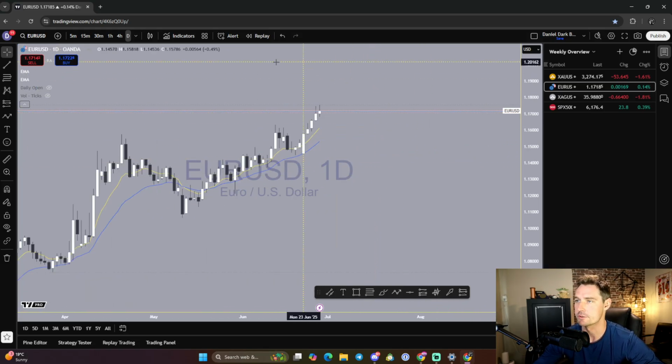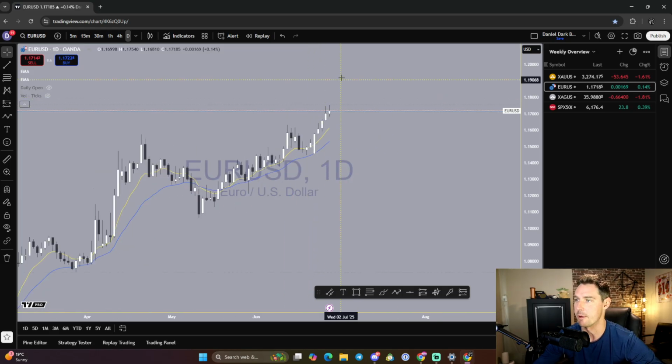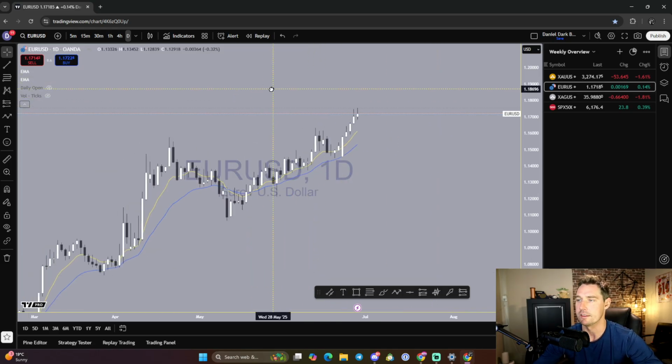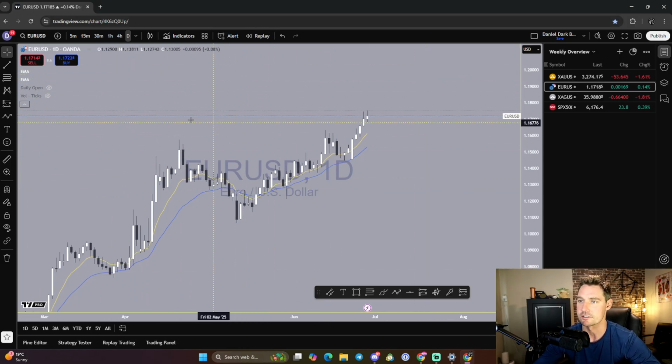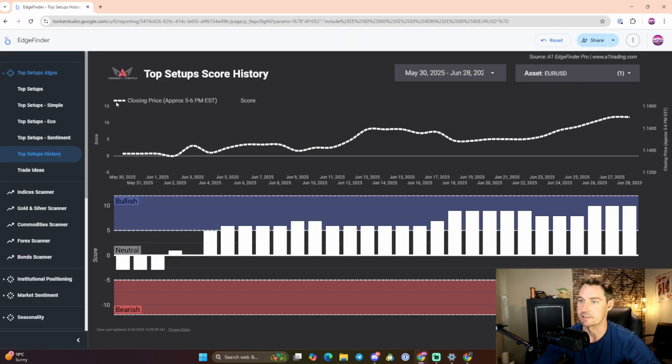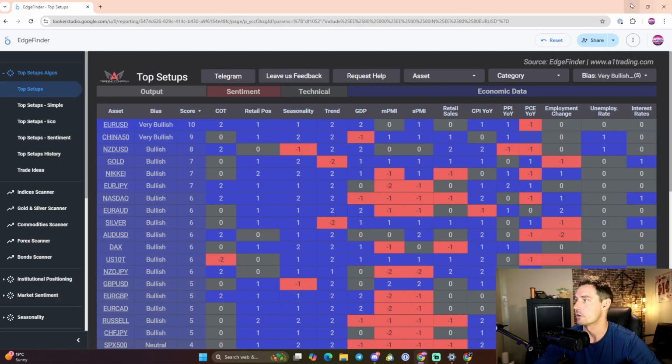So there's really not any relevant resistance here where I'm thinking, oh, sellers are just going to step in and drop this thing. The thing that's going to control this the most right now, because there's no recent historical resistance, is economics. And the economics, as we can see, have been looking great for the euro, relative to the USD.